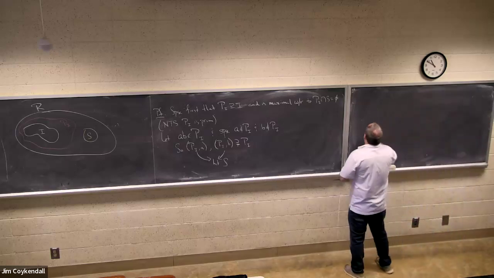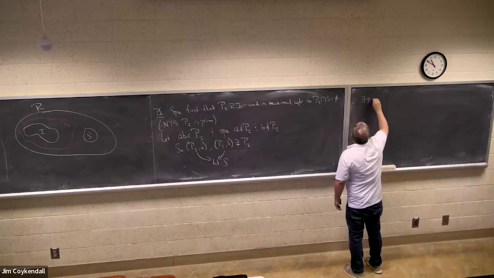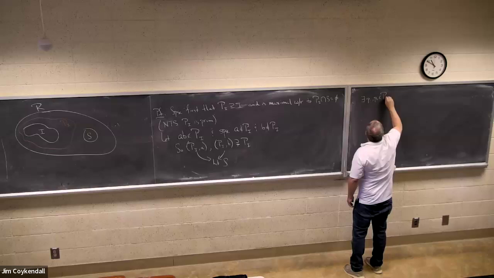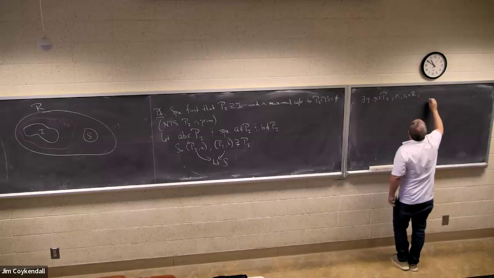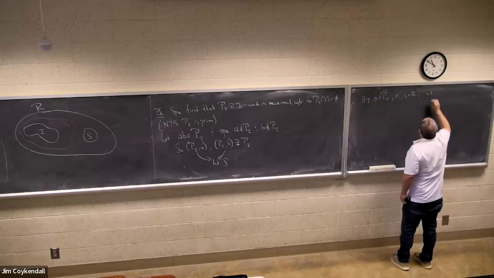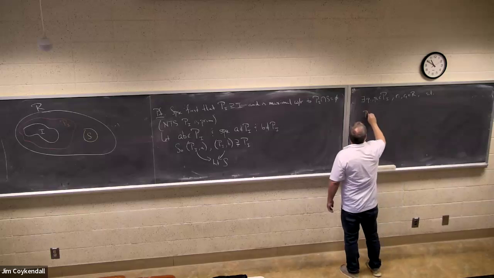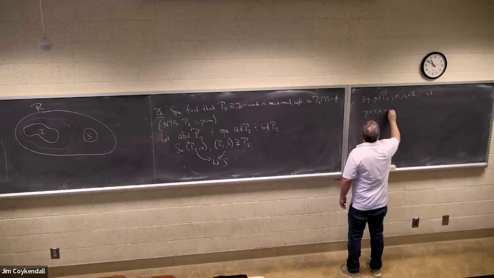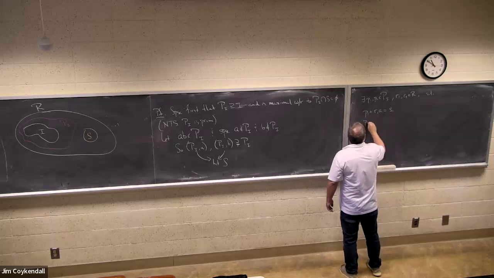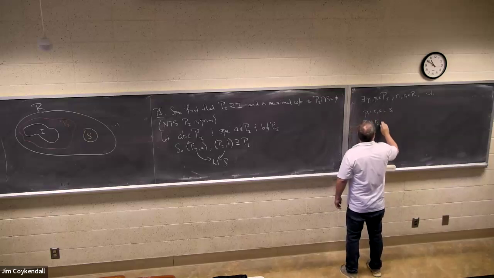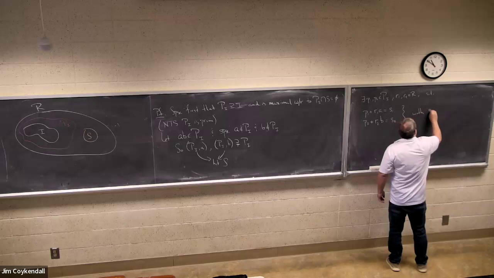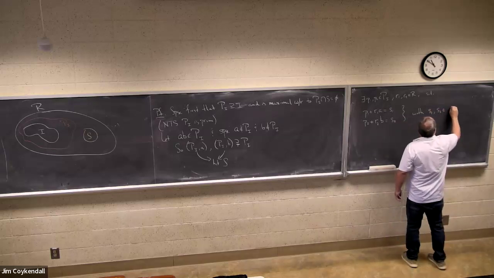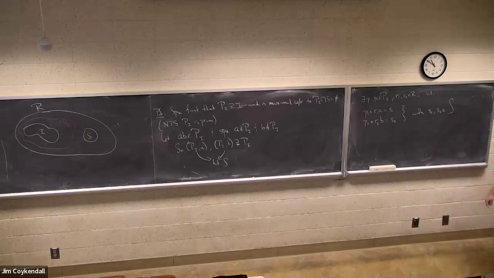There exist P1, P2 in P sub I, R1, R2 in R, such that P1 plus R1A is S1, and P2 plus R2B is S2, with S1, S2 in S. Correct. That's what it means for these to hit it.